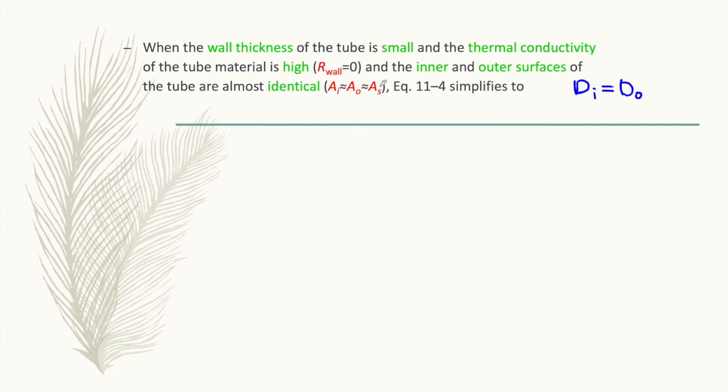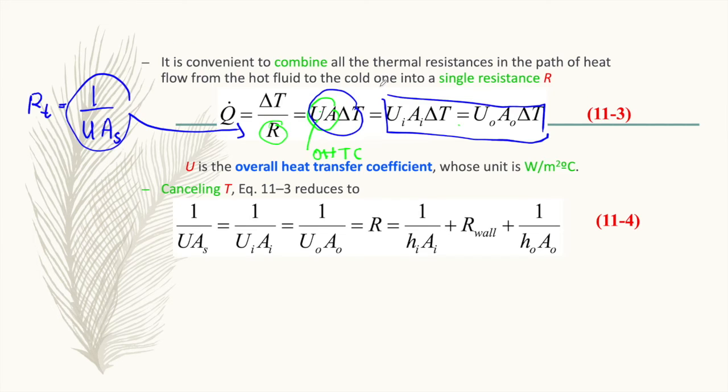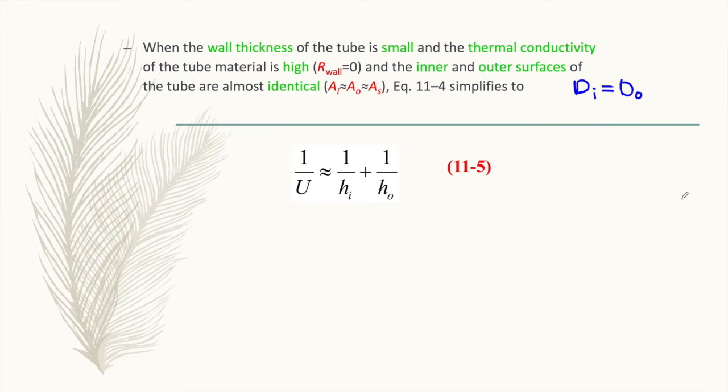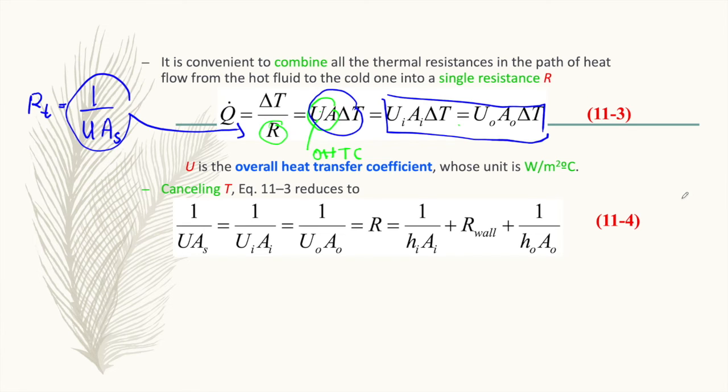So equation 11.4 will reduce to 1 over U equal to 1 over Hi plus 1 over H out. We know that the wall thickness is thin, therefore Ai and Ao are identical, am I right?